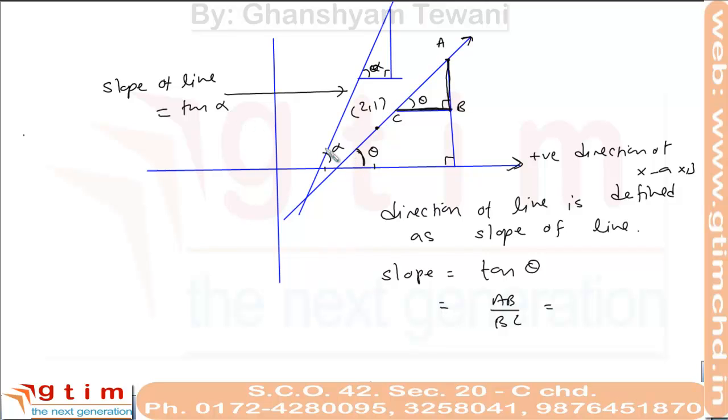Obviously here the value of tan alpha is more than tan theta, because alpha is greater than theta, and alpha and theta are acute angles. Now this line is steeper, that means this line has more slope. Now slope is denoted by one standard symbol, that is m. So slope is m, which is equal to tan theta, where theta is the angle of the straight line with the positive direction of the x-axis.